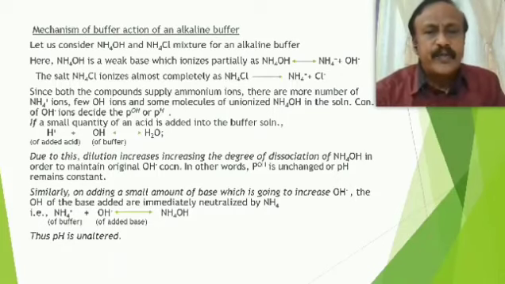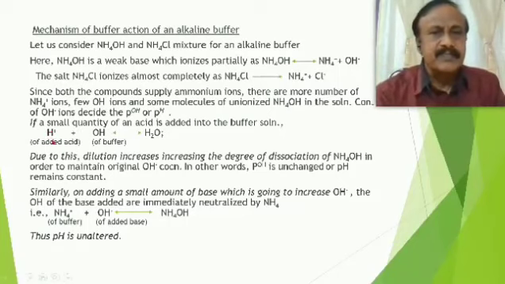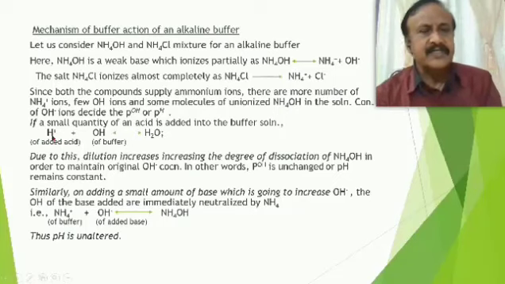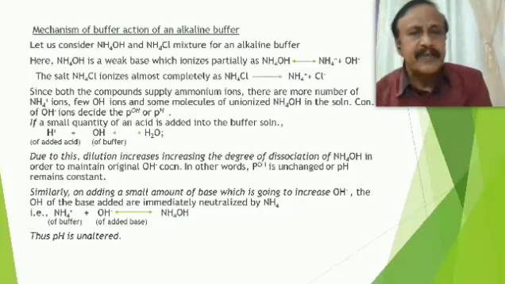Now suppose we add a small quantity of acid to this solution. Acid is one which supplies H plus. If it is an ordinary solution, on adding HCl, there is an increase in H plus concentration, or a decrease in pH.